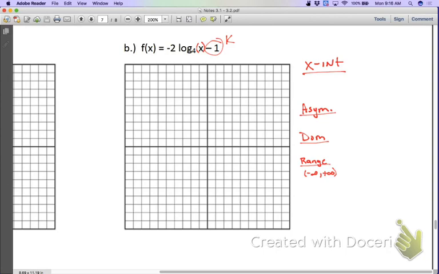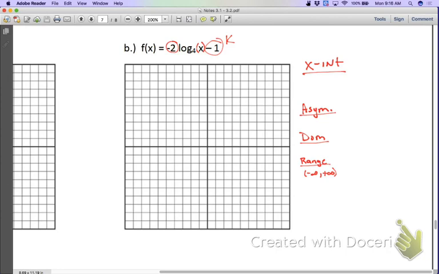Now, with that also, what's that negative going to do to it when it's all said and done? Normally it goes from the bottom and it runs to the top, right? Where's it going to come from now? Top, and it's going to run to the bottom. So that negative, you just have to realize that it's going to flip everything upside down. That'll come here in a second whenever we graph.